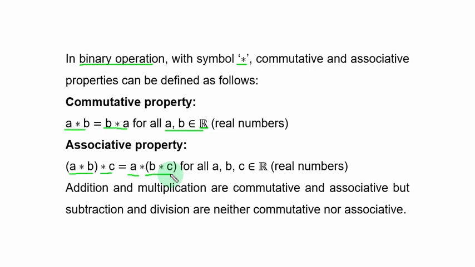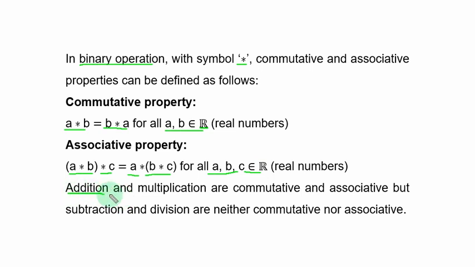So in this property, we are taking A, B as one term, then B, C is another term, for all A, B, C members of the real numbers set. Real numbers can be rational, irrational, and a set of whole numbers.